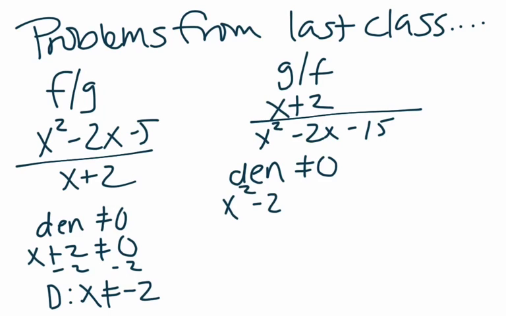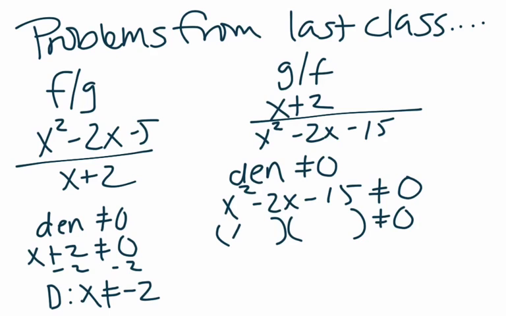So x squared minus 2x minus 15 cannot equal 0. That's a quadratic, and if we're going to solve it, we have to factor it. We're looking for two numbers that multiply to negative 15 and add up to negative 2. That's going to be a negative 5 and a positive 3. Just like it was an equation, except instead of equals 0, we have does not equal 0.